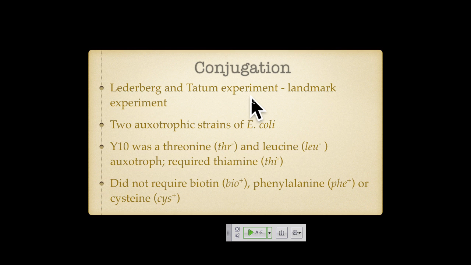So as we go through the course, I'm going to have several of these landmark experiments. These were key experiments that led to major understanding in genetics. And one of the reasons for having you go through this is to see the thought process of how you ask the question, design an experiment to answer that question, and then see what the outcome is.